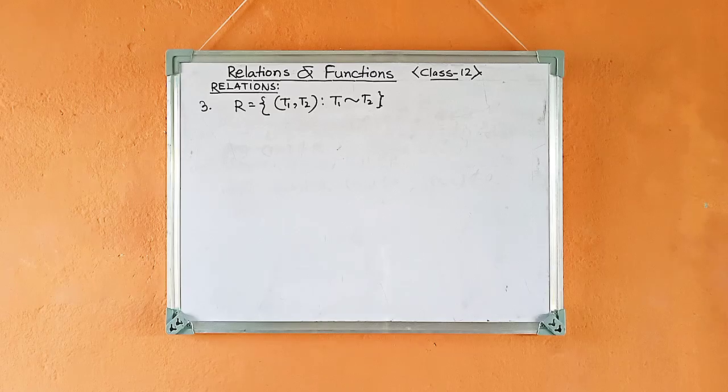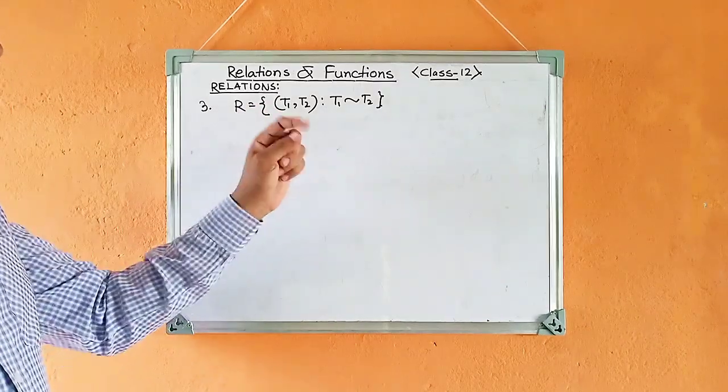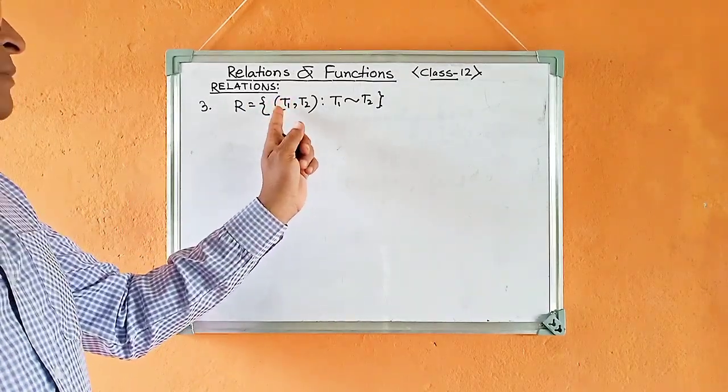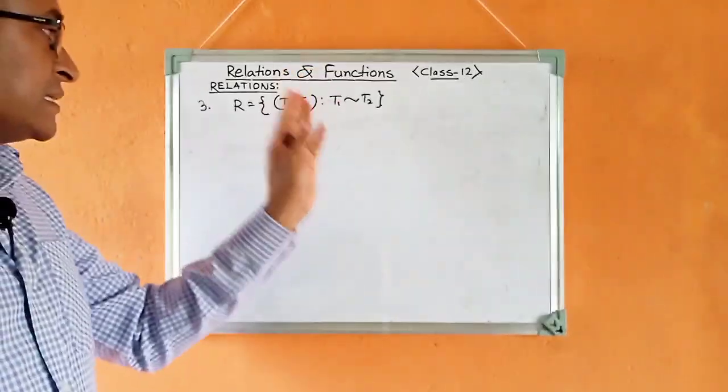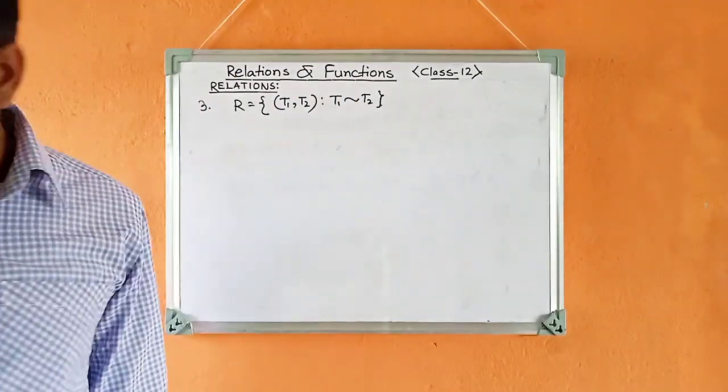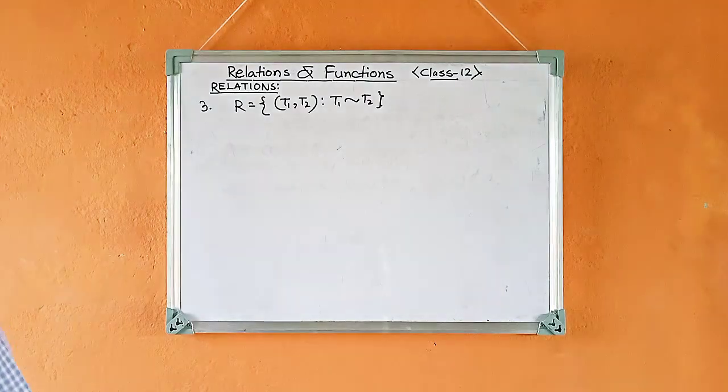That means triangle 1 comma triangle 2 such that triangle 1 is similar to triangle 2, is an equivalence relation.